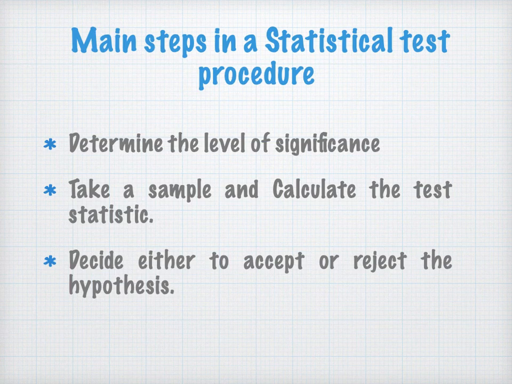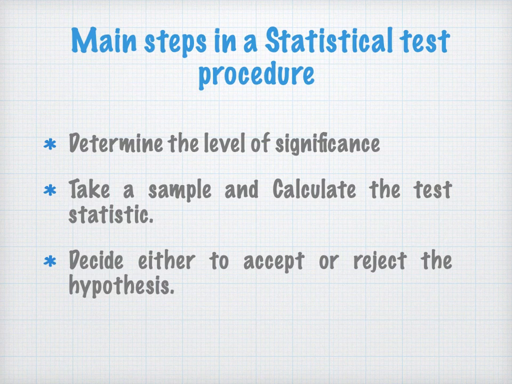Now the main steps, the ones we are crucial about: we take a sample from the defined population and calculate the test statistic value, and depending on the test statistic value, we shall decide either to accept or reject the hypothesis.